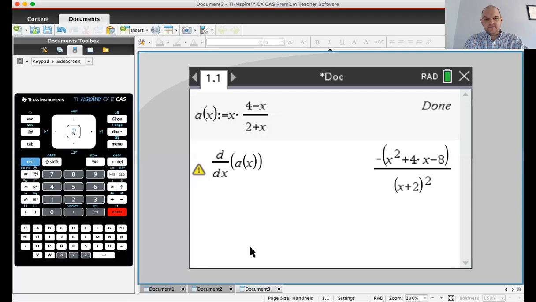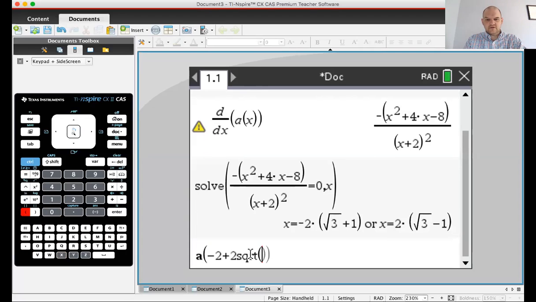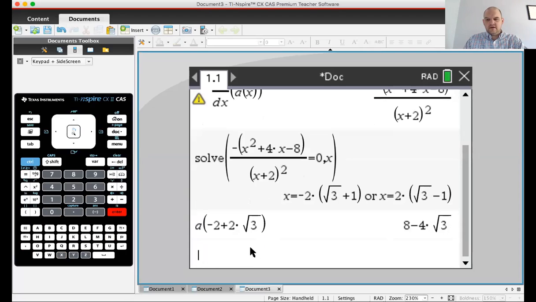So let's see if we got this right. Solve the answer equals 0 for x. So -2 plus 2 root 3 is one of them. That's good. And then let's find A of -2 plus 2 square root of 3. So 8 minus 4 root 3. So the maximum area is 8 minus 4 root 3.